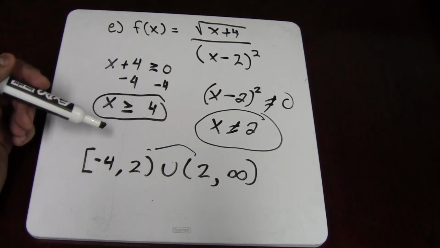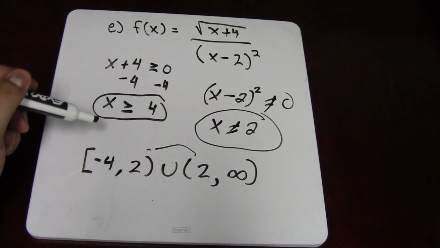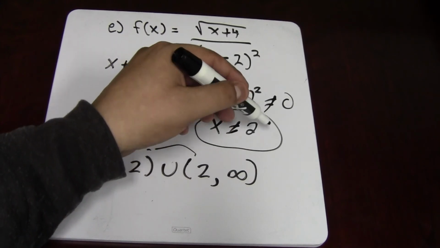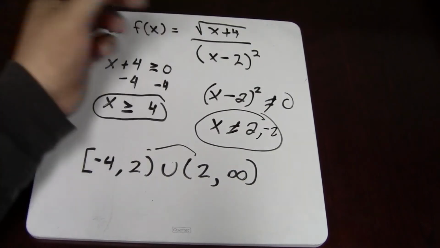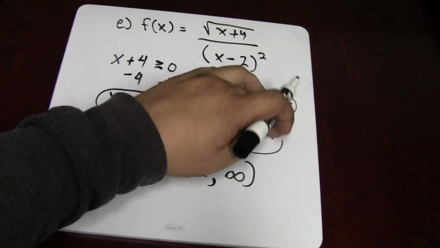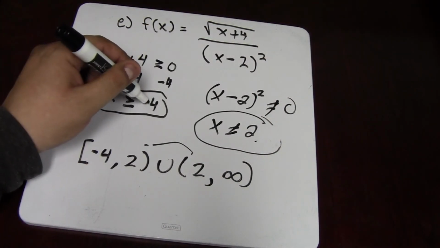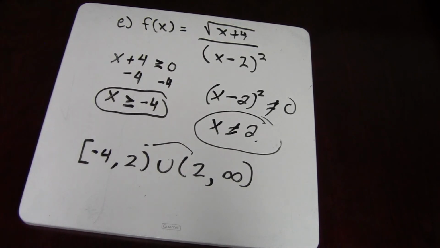That's what I mean by sometimes you have to think a little bit. Or it could be that your x can't equal multiple different numbers. For example, negative 2 and 2, or it could be 2 and anything else. You have to kind of combine these two. Let's put this back to the correct thing. You have to combine these two to make sure that you're getting it exactly correct. All right?